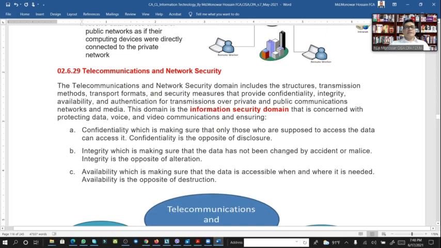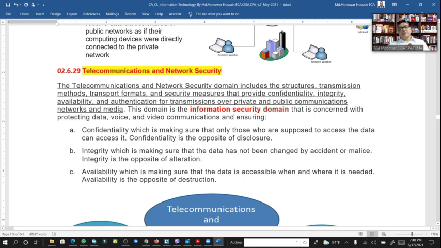And privately, that means one group. Communication and network security: the telecommunication and network security domain includes structure, transmission methods, transport formats, and security measures that provide confidentiality, integrity, availability, and authentication of transmission over private and public communication networks and media.